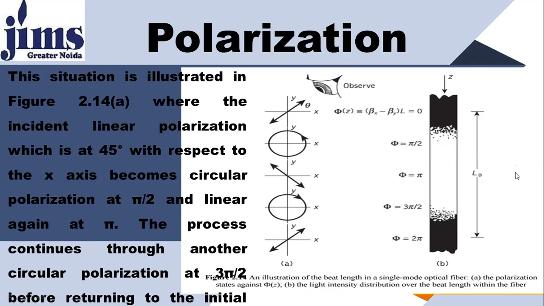So this is the beat length. Beat length means the length traveled by the particular mode to have the same state of polarization as the mode had at the beginning, right? So this is the phenomenon.